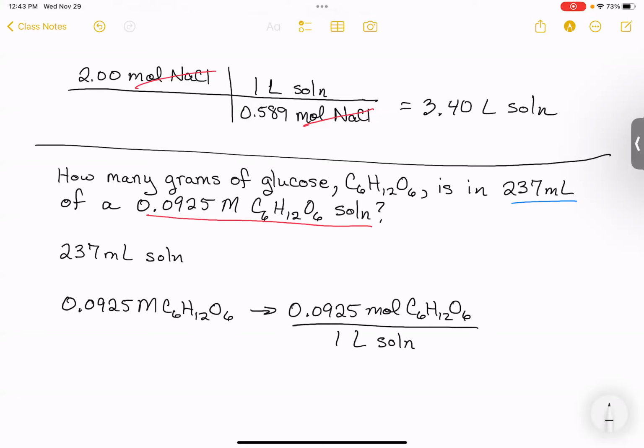And I'm like, which one of these am I going to start with? Again, start with a value that has only 1 unit associated with it. So I'm going to be converting that 237 milliliters of solution into grams of glucose.